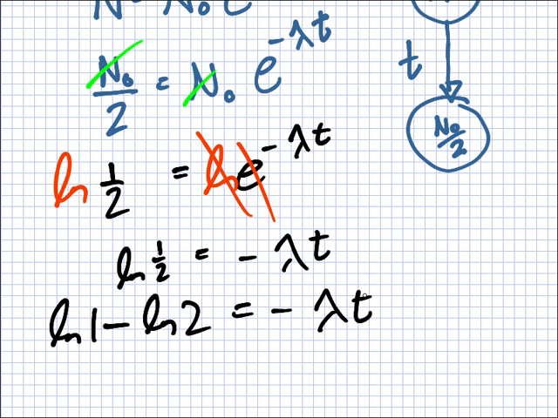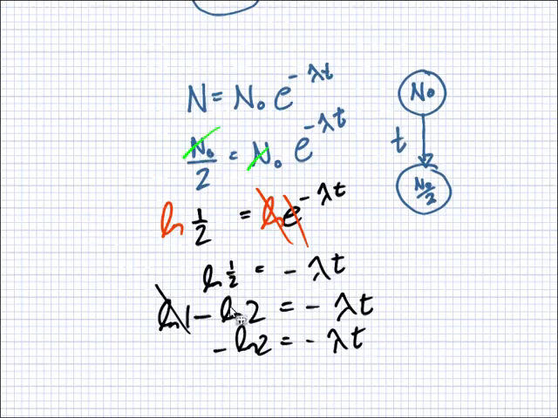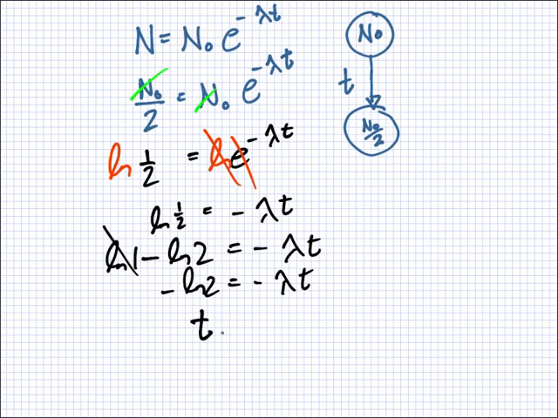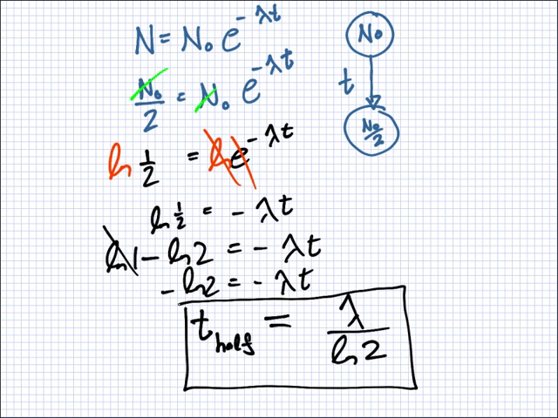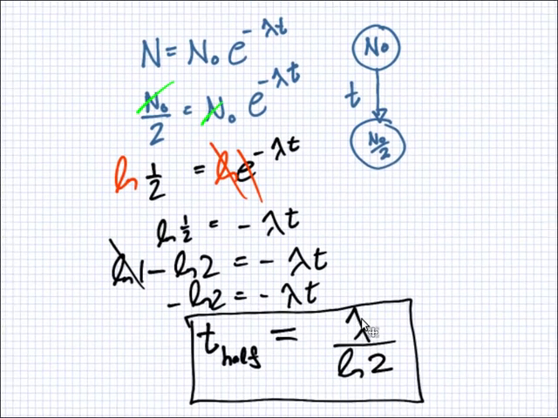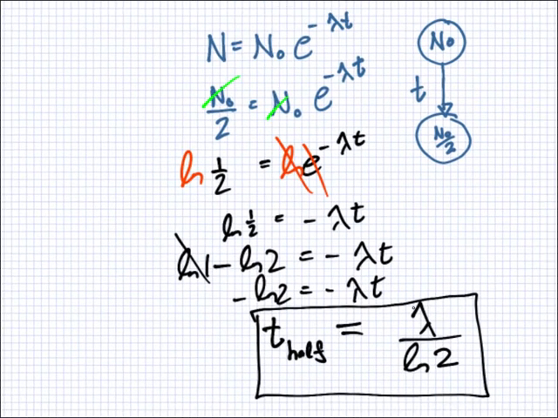That's using the second rule of logs: log of a over b is log a minus log b. Log 1 is 0, so finally I have my answer. The time for half, t, is equal to ln 2 over lambda. I think it's good if you can write this example down.